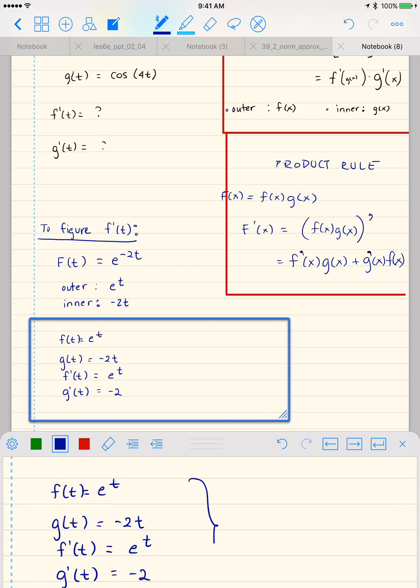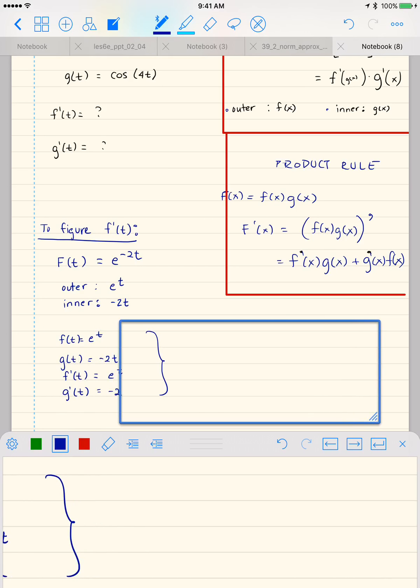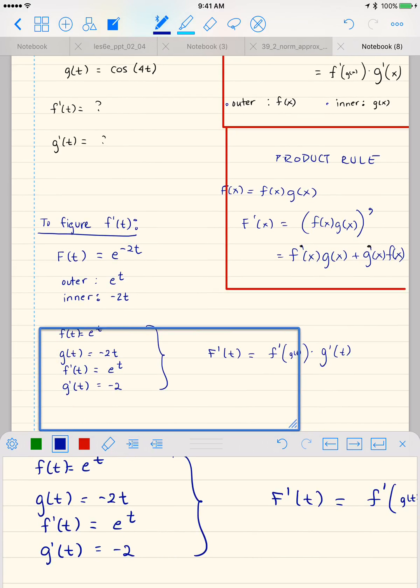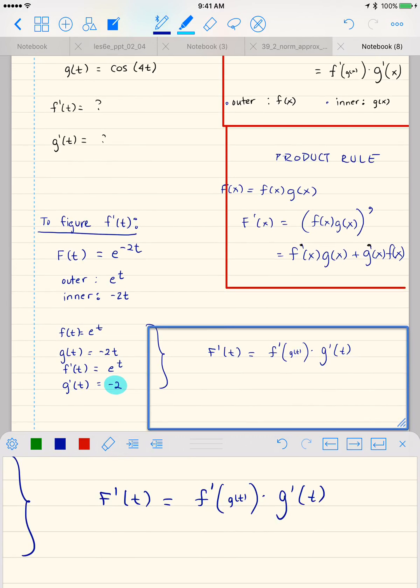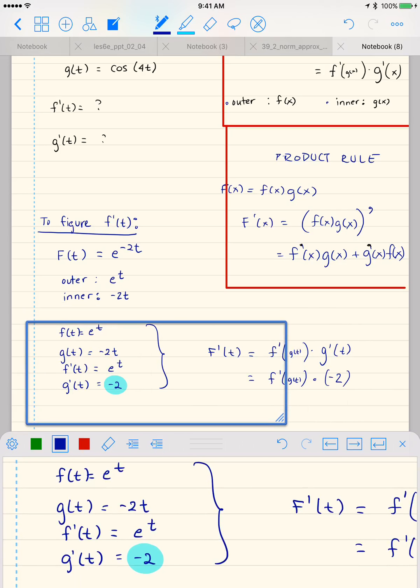So I'm going to put all of this together and say that my f prime of t is going to be equal to little f prime of g of t times g prime of t. Now, g prime of t is equal to negative 2, so I can just put that in here right now. Negative 2 times my f prime of g of t. Okay, what is f prime? I've got f prime is equal to e to the t.